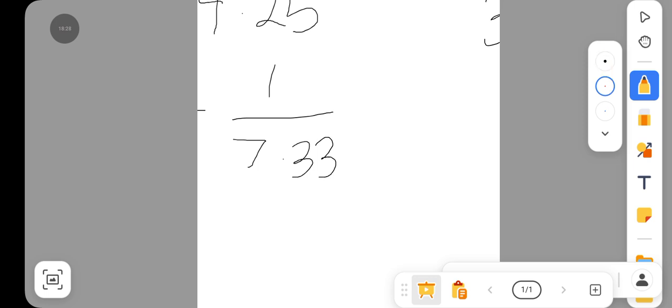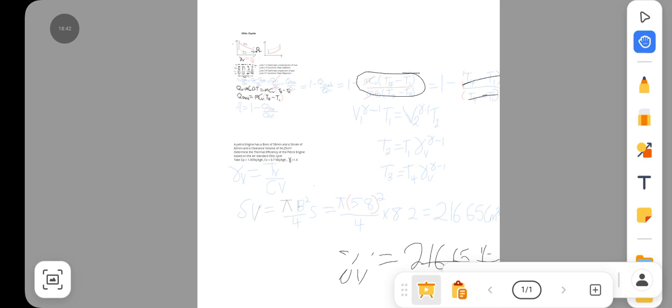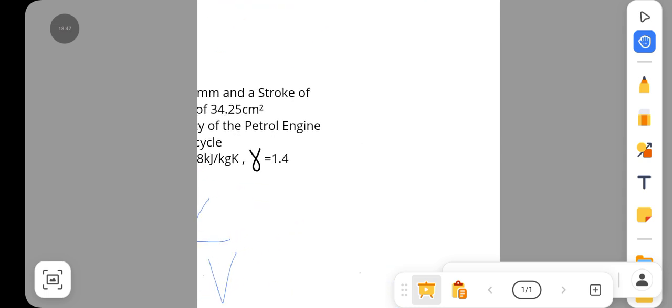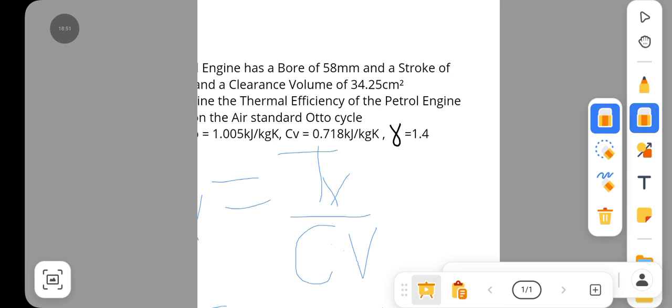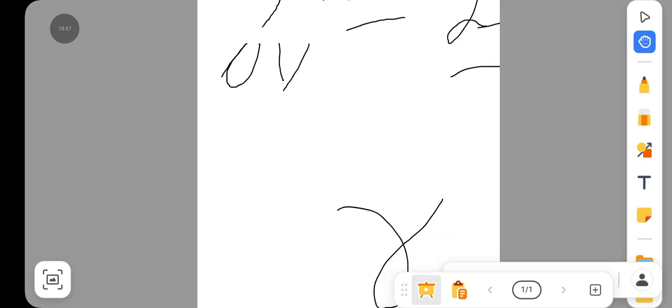Here in brackets, all raised to the power gamma minus 1, and our gamma in the question is given as 1.4. Let us check it out. Our gamma in the question is given here as 1.4, which is this here. So that is our gamma, given as 1.4.